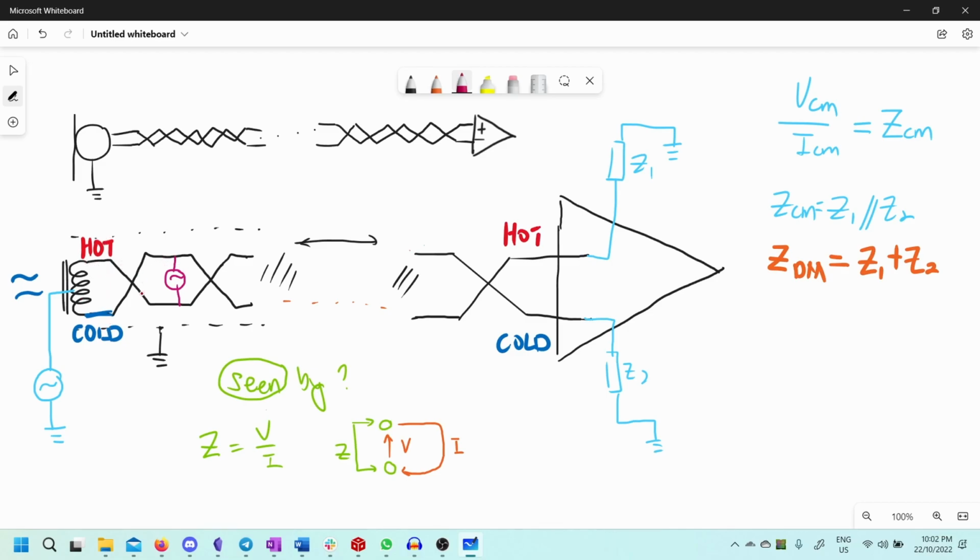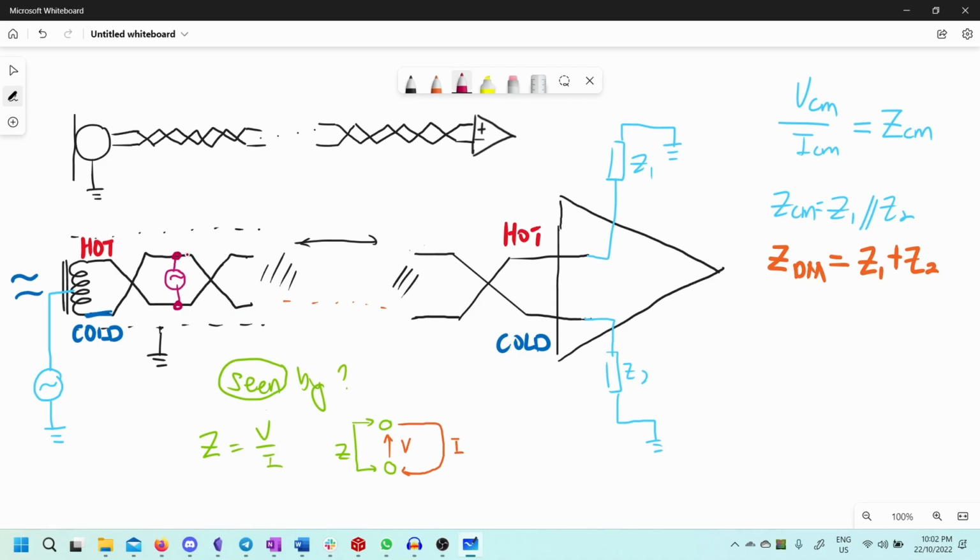So what the audio signal sees is the differential mode impedance. Why is that? Because the audio signal exists across these 2 points. And what is the impedance across these 2 points? Well, it's the voltage that is present across these 2 points divided by the current that flows between these 2 points.